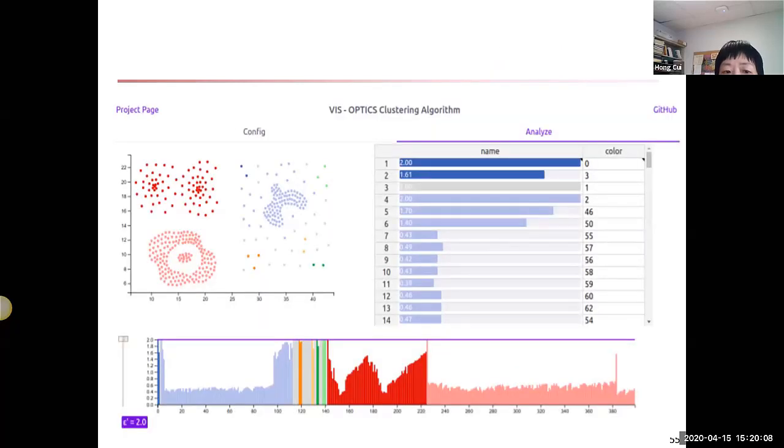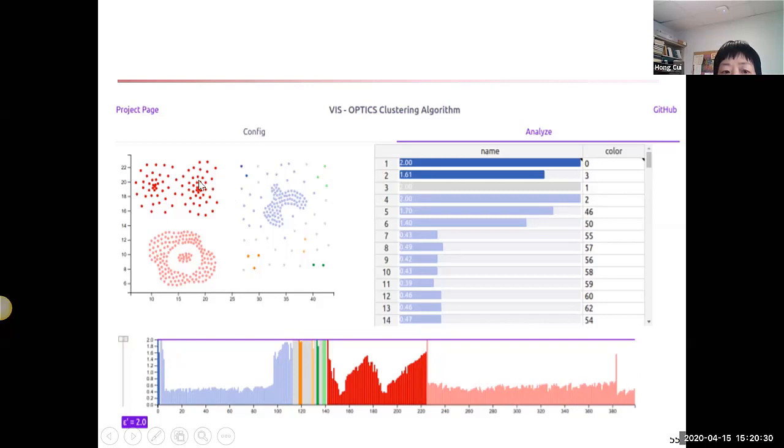Here are some additional graphs to give you intuition about what kind of graph corresponds to the original data points. Here we have pink, with two clusters, pink cluster 1 and 2.